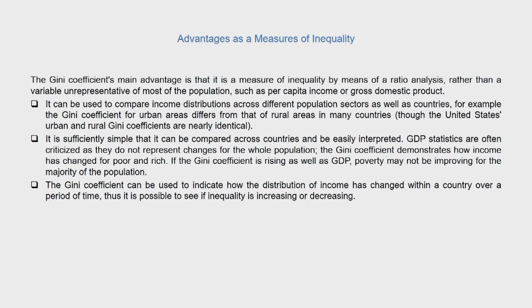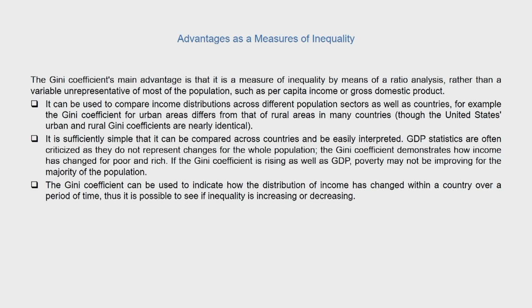So the GDP story tells us half the story, and the Gini coefficient completes the story by telling us how much the GDP growth rate has trickled down to the vulnerable sections of the population as well. So in that sense, if the Gini coefficient is rising as well as the GDP, poverty may not be improving for the majority of the population.